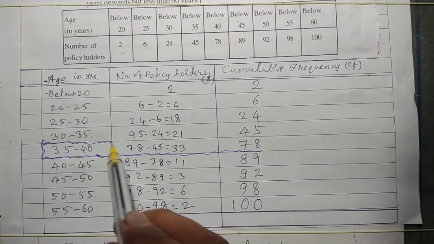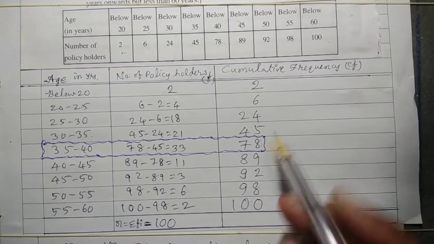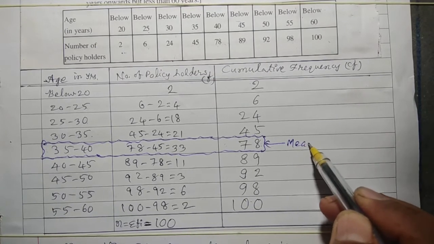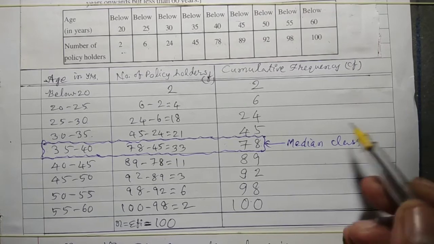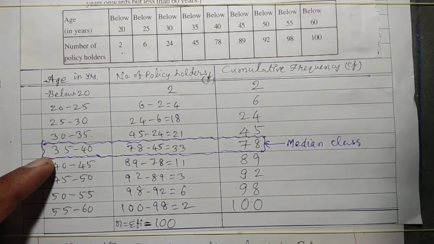This is the median class. The median class is 35 to 40.